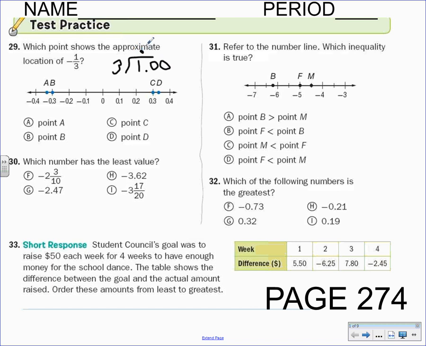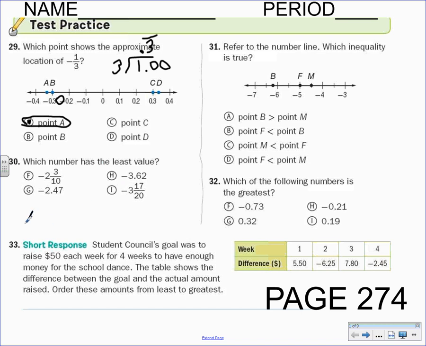So the difference between 0.3 repeating and 0.3 is that 0.3 actually is 0.30. It doesn't repeat, it just ends. So where would 0.33 be? It'd be after it. So the answer is A.